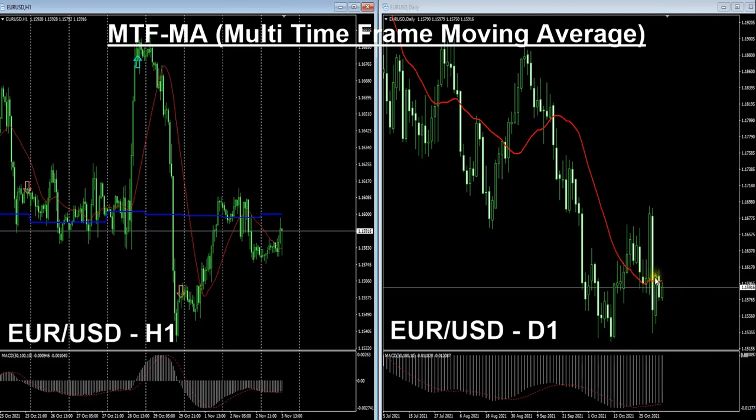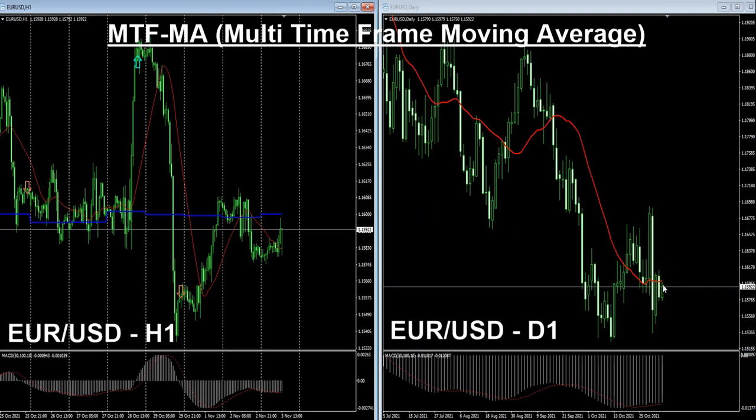And if you go over to the 1 hour chart, today's candles have all completely been under this blue line, which is again a 20 simple moving average plotted from the 1 day chart but painted on the 1 hour chart. Not once has any of these candles gone above the blue simple moving average. And over here, this candle hasn't even touched, and certainly not gone above, the 20 simple moving average.